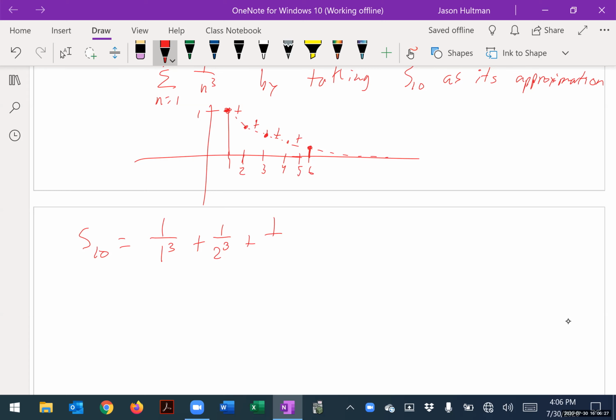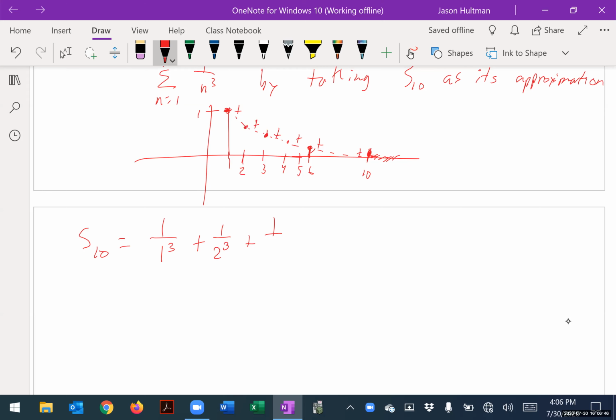We're going to add up all these values until we get to 10. And they're saying that is going to be bounded by the area under this curve from 10 to infinity and 11 to infinity.